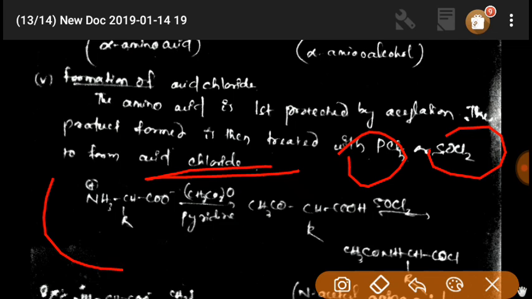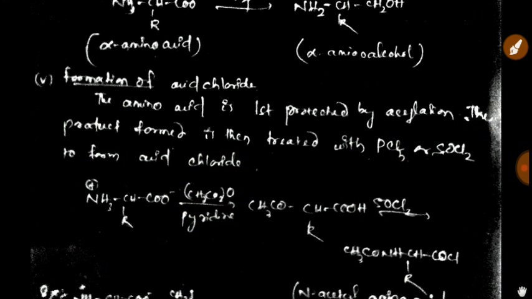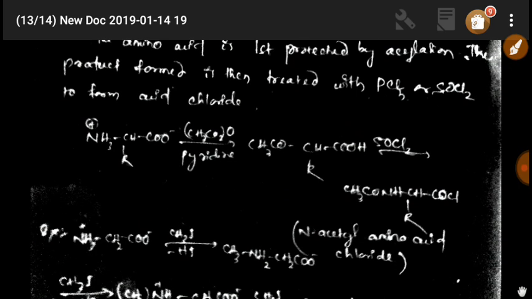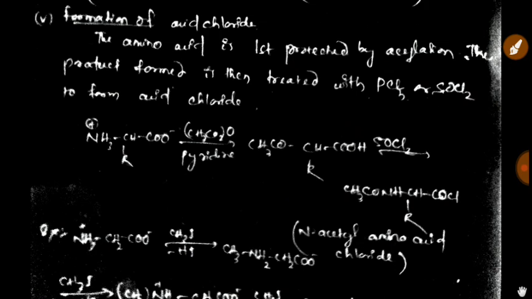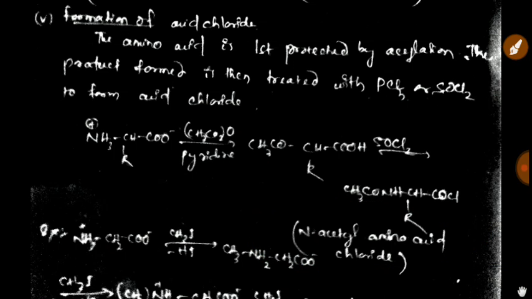At first we see in the reaction that this is the amino acid and it reacts with acetic anhydride with pyridine base and this compound will form, and next we have to react with SOCl2 and at last N-acetyl amino acid chloride will result.